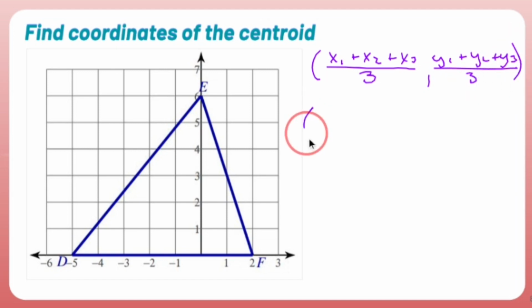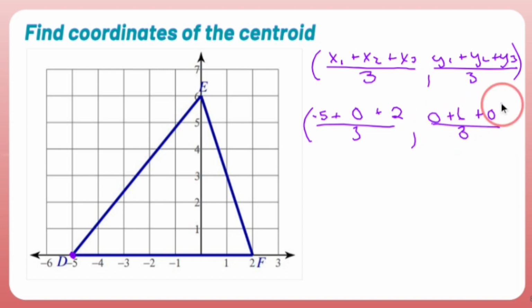Let's find our three x values. That x value is negative 5, plus that x value is 0, plus that x value is 2. So negative 5, 0, 2 divided by 3. My y values are 0, this goes all the way up to 6, so plus 6, and this is 0 again because that point is (2, 0).